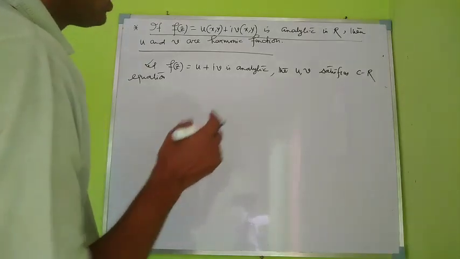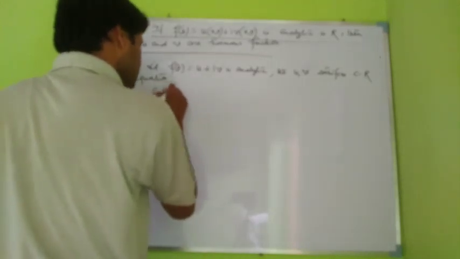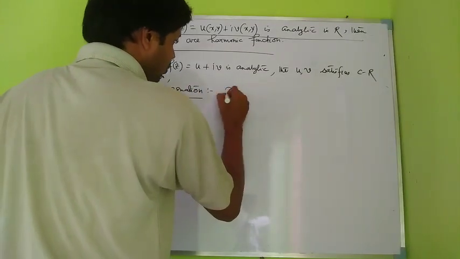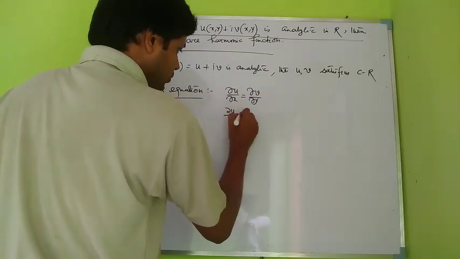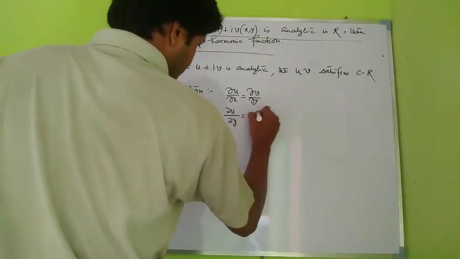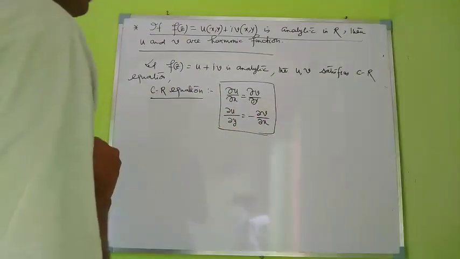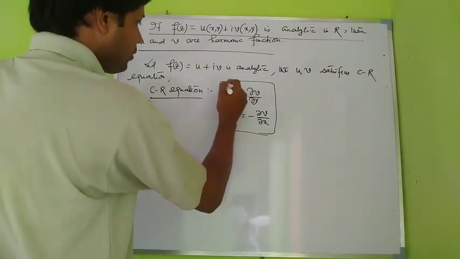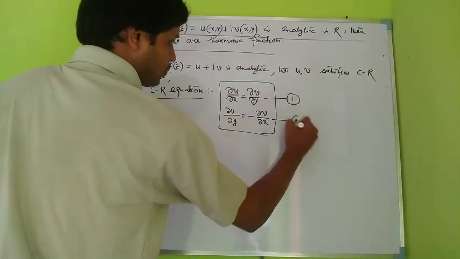So what is the CR equation? Del u del x is equal to del v del y, and del u del y is equal to minus del v del x. These two relations are called the CR equations. Since f(z) is analytic, u and v satisfy the CR equation. Call this 1 and this 2.